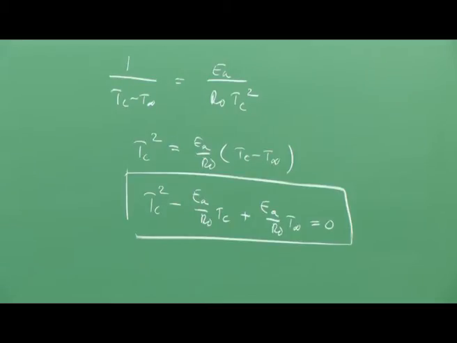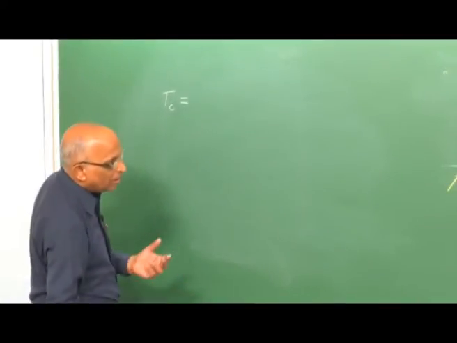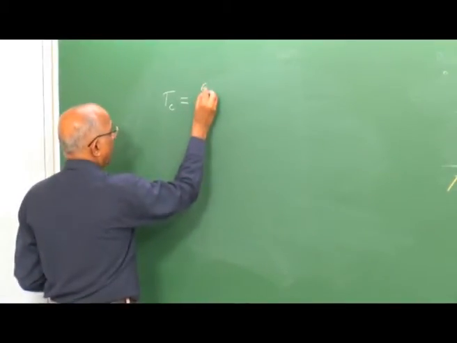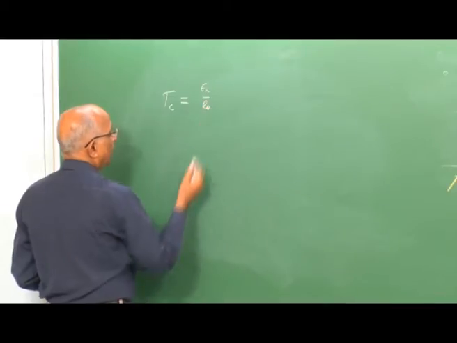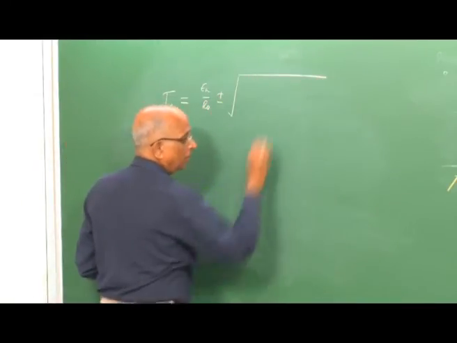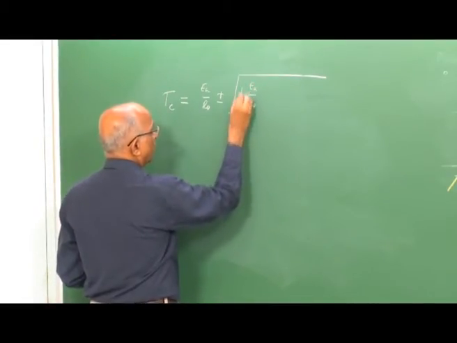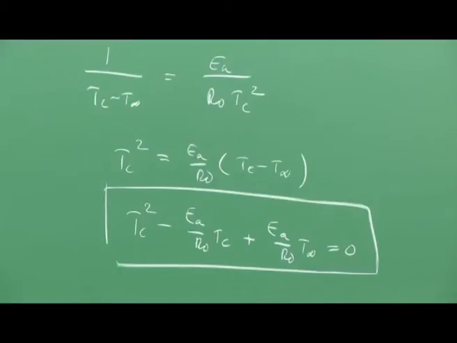I get Tc equal to minus the middle number, that is Ea by R naught, plus or minus under root of the middle number squared, (Ea by R naught) squared, minus 4 into the first into the last number.